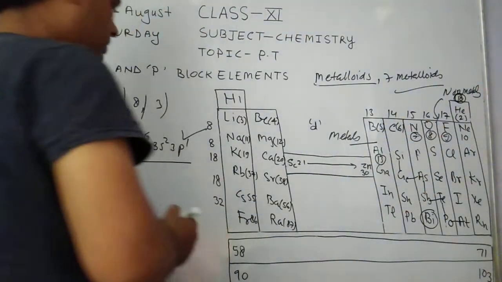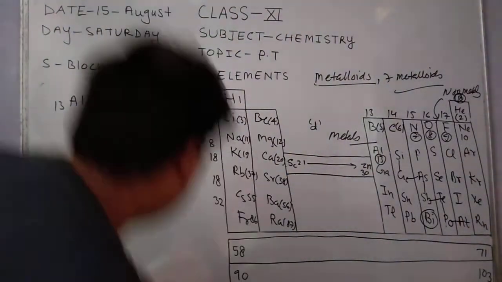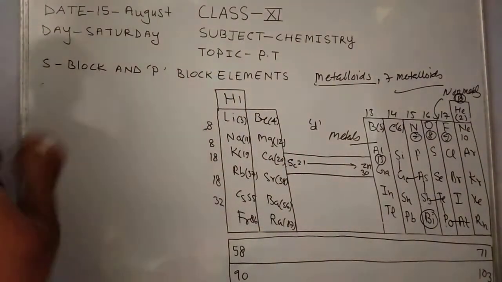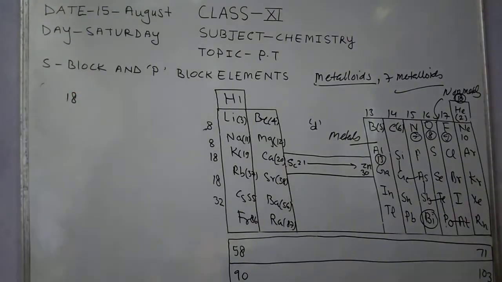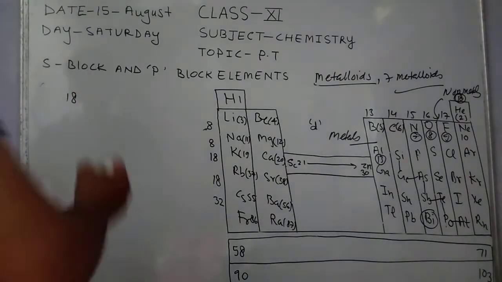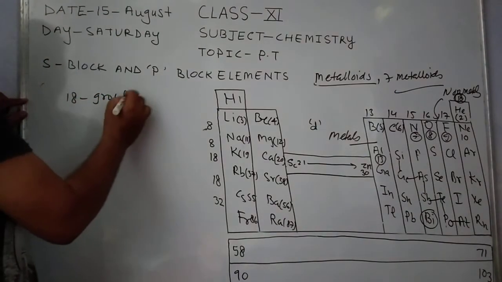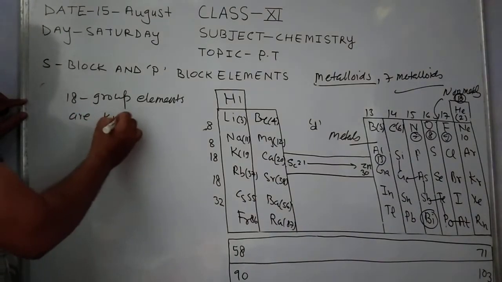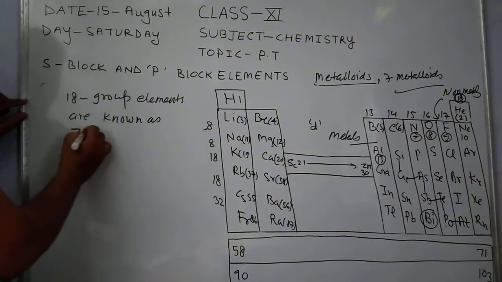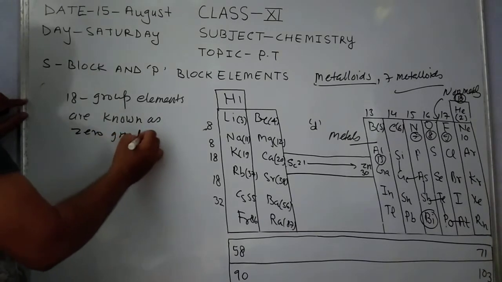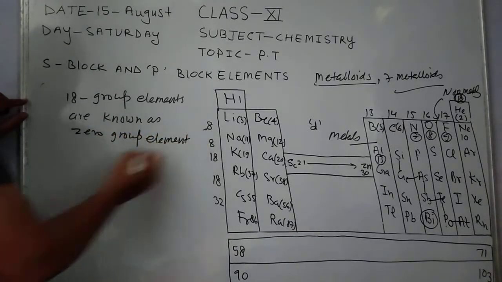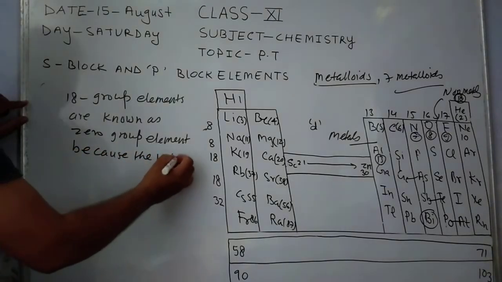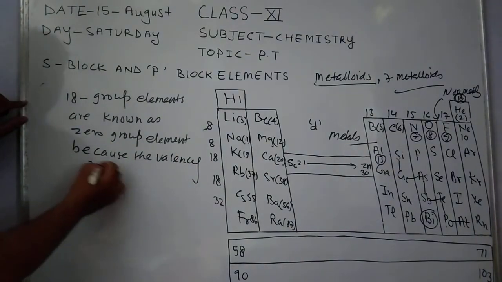Group 18 is also known as the zero group because the valency of group 18 elements, that is the combining capacity, is 0.